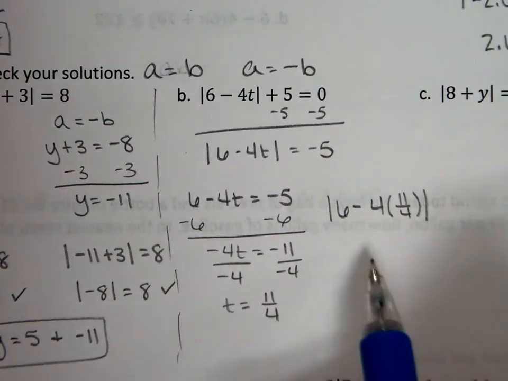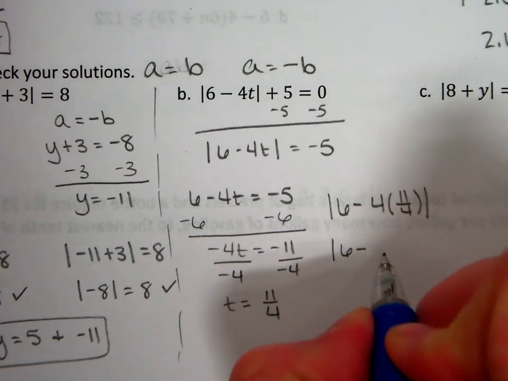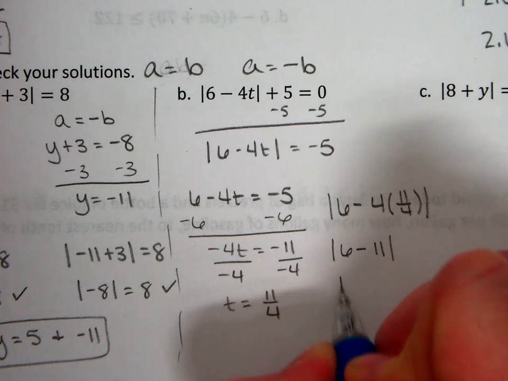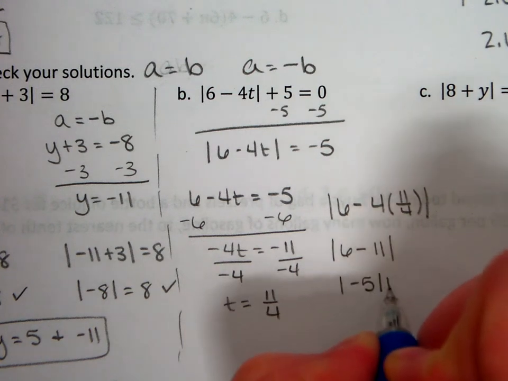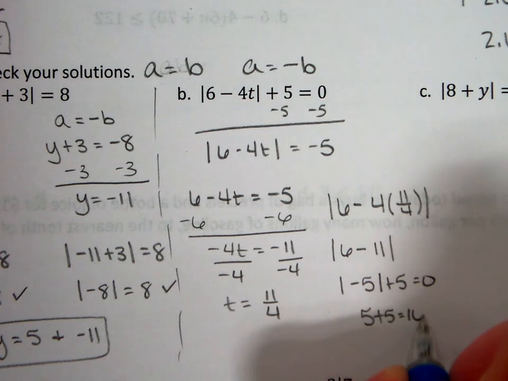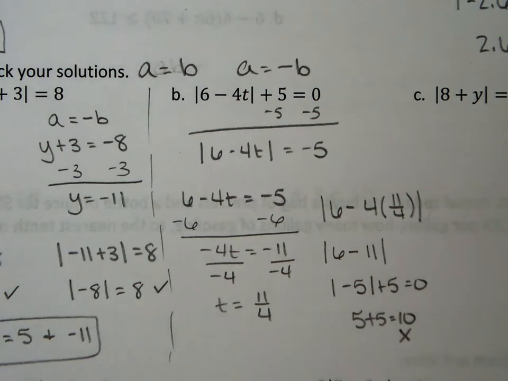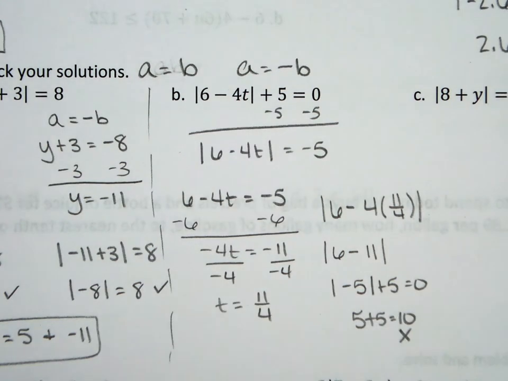I'm going to take this value in here: absolute value of 6 minus 11, the absolute value of negative 5 plus 5 must equal 0. 5 plus 5 equals 10. That doesn't work. So that's why, when you take the absolute value, it can never equal a negative answer. This is going to be the part 1 video, and there will be a second video with the other examples.